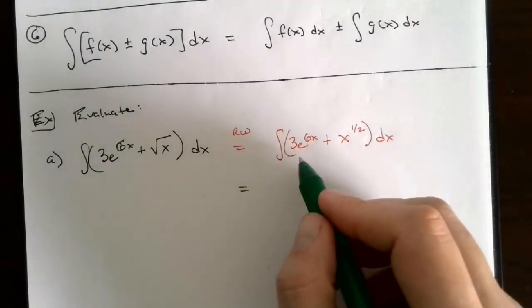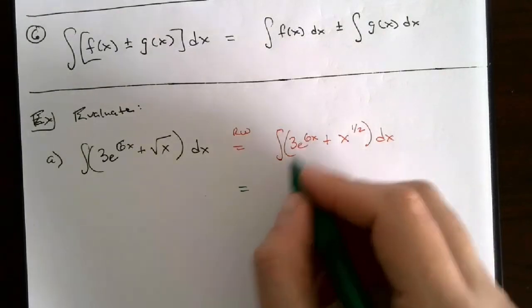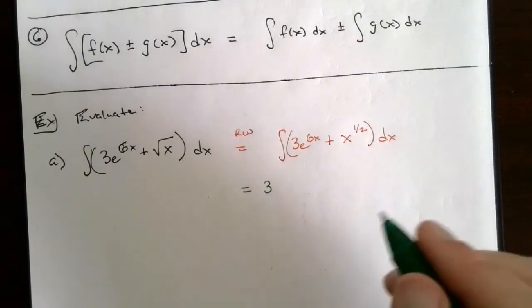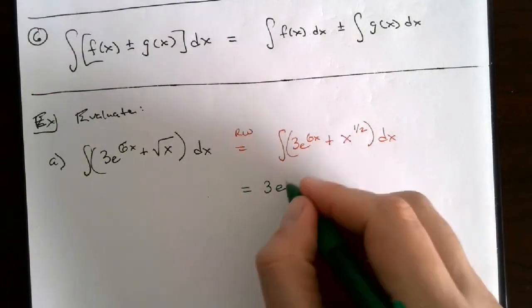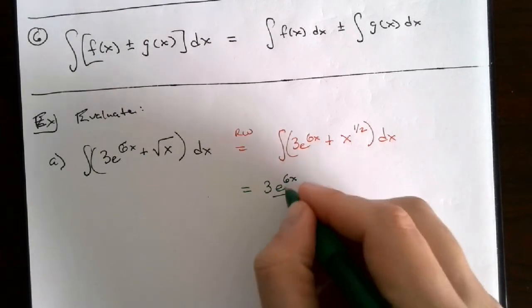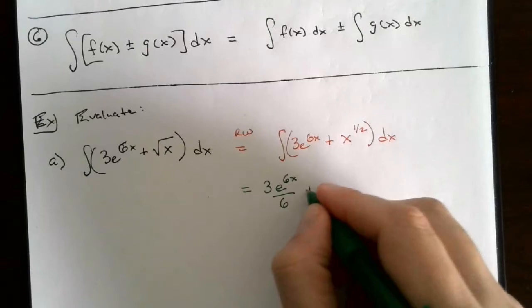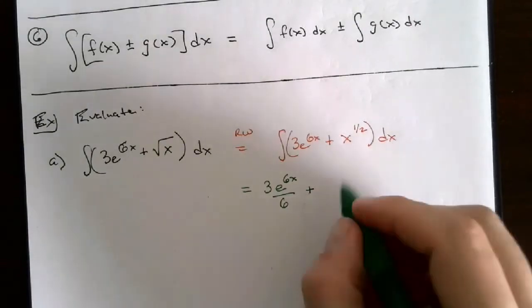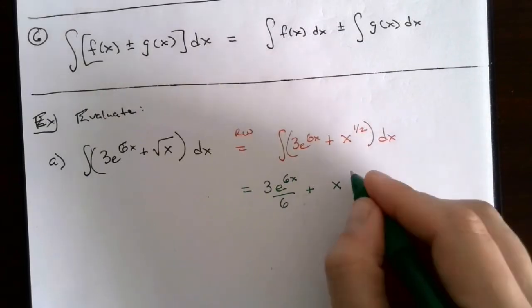So how do you take the antiderivative? Well, the antiderivative of 3e to the 6x, remember 3 in front is a constant in front of a function, so 3 stays in front. Antiderivative of e to the 6x, it's e to a constant times x, so it stays that, and then you divide by whatever was in front of x. You divide by 6, plus the antiderivative of x to the 1/2, which would be x to the, add 1 to the power, 1/2 plus 1 would be 3/2.